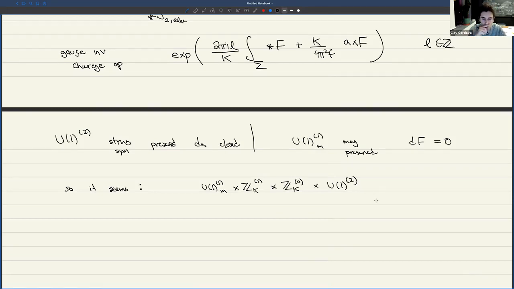So it seems to have all these different pieces. And in fact, if that were all there was to it, I probably wouldn't be giving you a talk. But instead, there's actually a novel feature here, which is that these are combined into what's called a higher group.